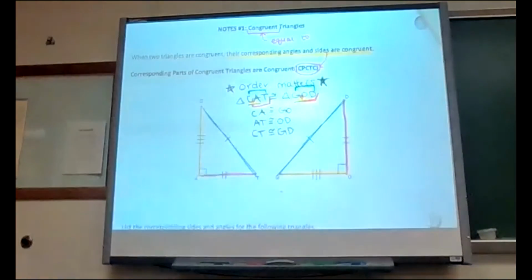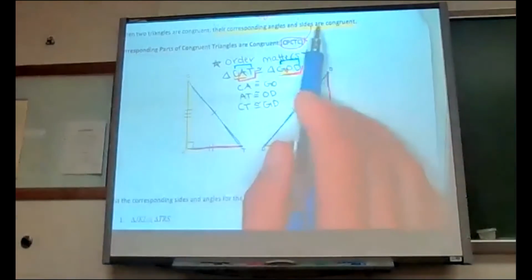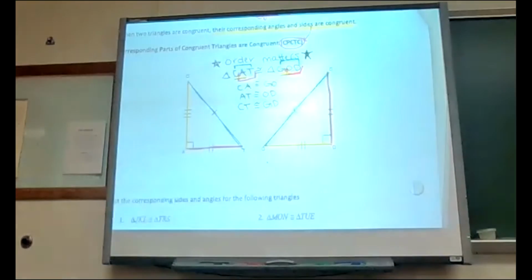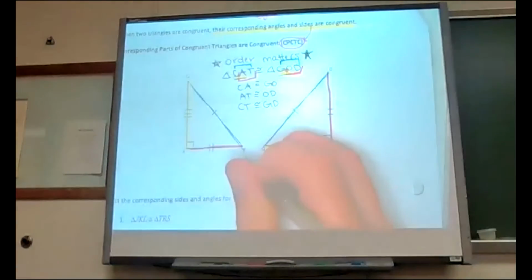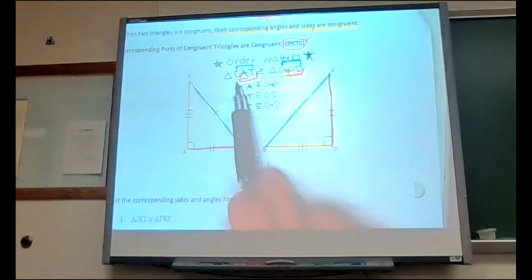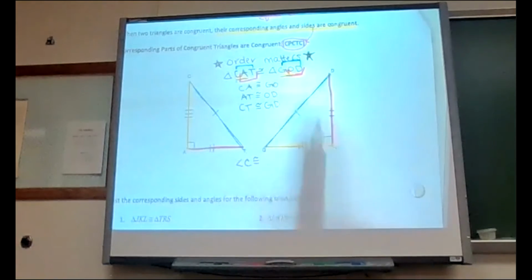Okay. So now that's our corresponding sides, but we also have angles that are congruent. So what would angle C be congruent to, given this statement? Angle C would be congruent to angle, which did you say? G. C goes to G, exactly.